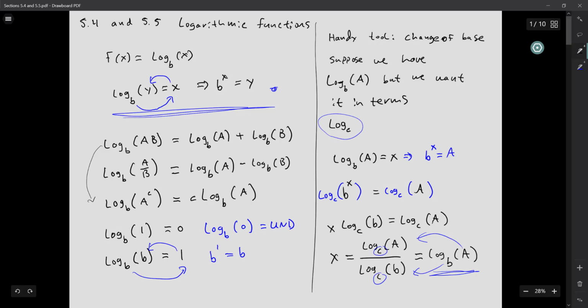And this is useful, especially if you're using a calculator and you're not using a 50-year-old algebra textbook, because the calculator only has buttons for log base 10 and log base e.